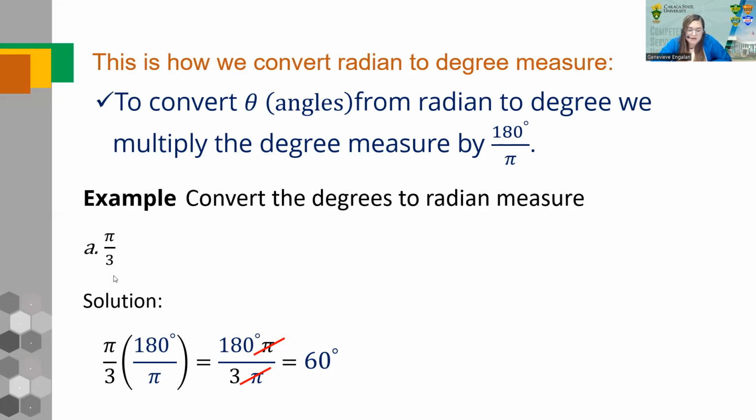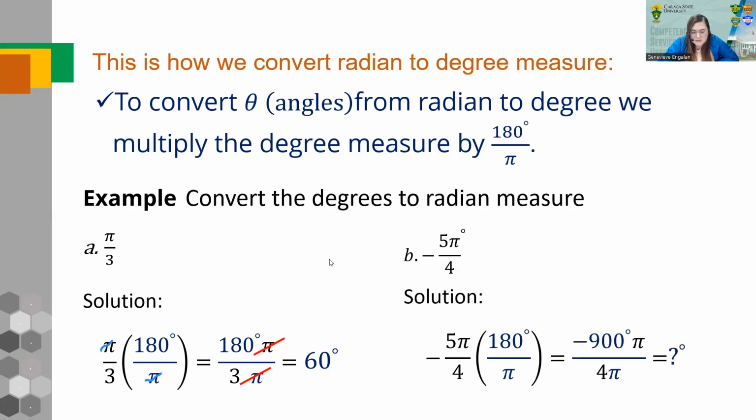For example, pi over 3 times 180 degrees over pi. We can cancel the pi, and 180 divided by 3 is 60. So pi over 3 is equal to 60 degrees.